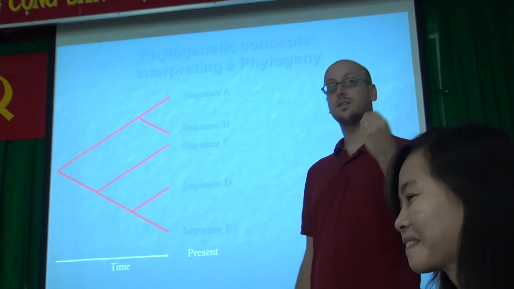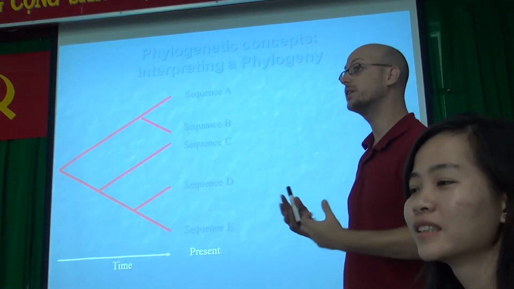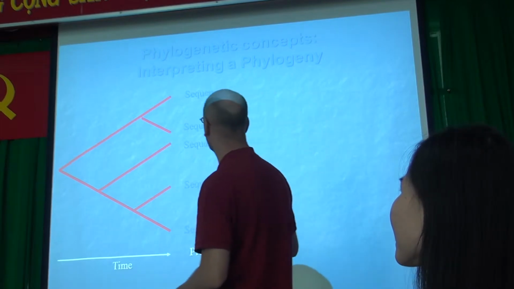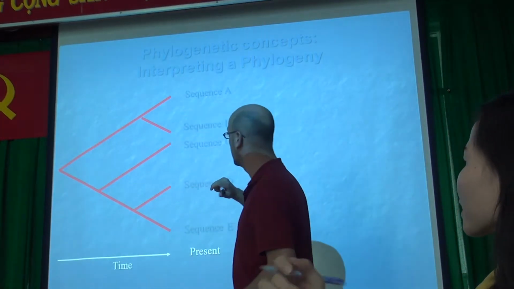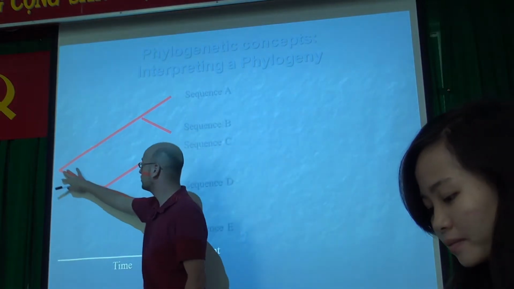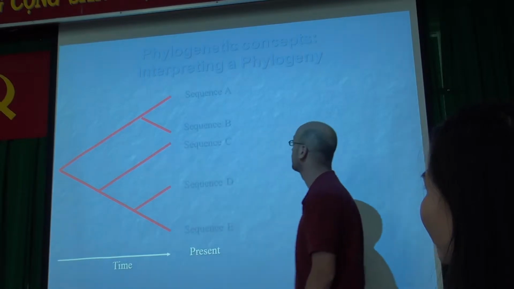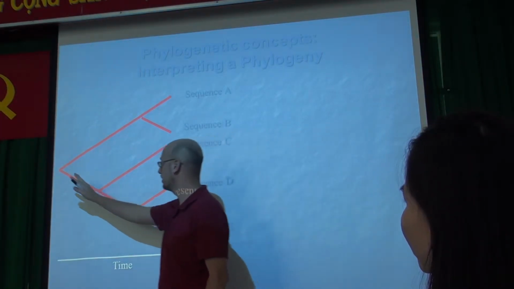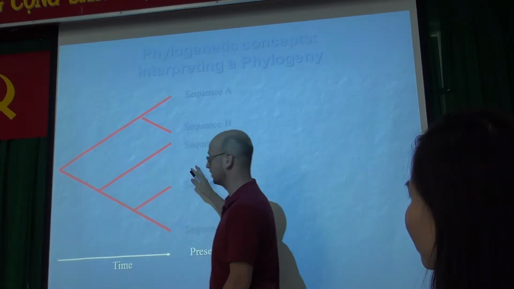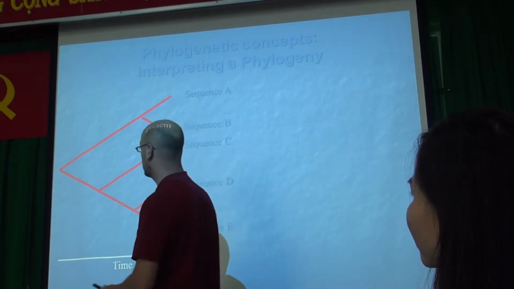So, what does the tree look like? We are now going to look at some tree definitions in the English language. So, this is what usually a tree would look like. And what we have here is a time scale. So evolution runs on time scales.